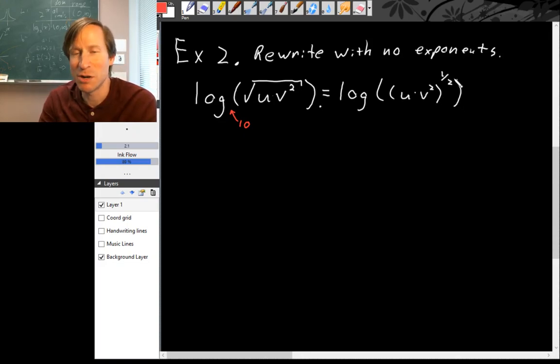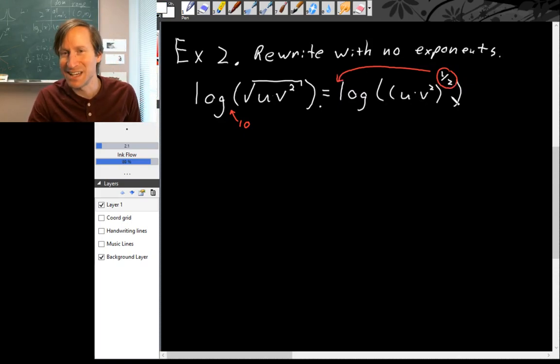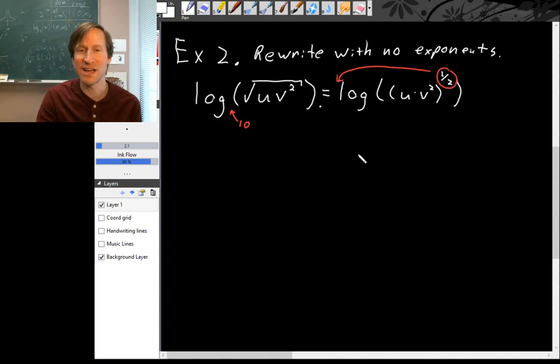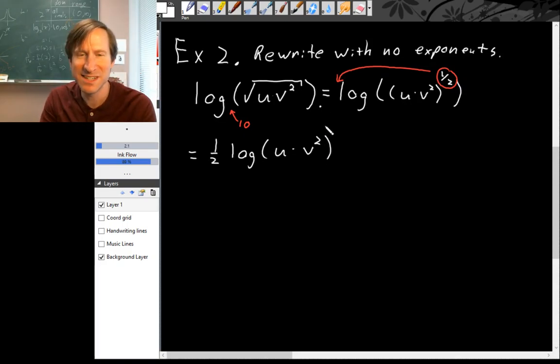So now there are a couple ways to handle this. We could take this power of 1/2, since it's on the very outside of the stuff inside the logarithm, and move it down in front as a coefficient. That's what the power rule says. So we get 1/2 times common log of u times v squared. And now it's tempting to say, hey, let's take this square and move it down in front.